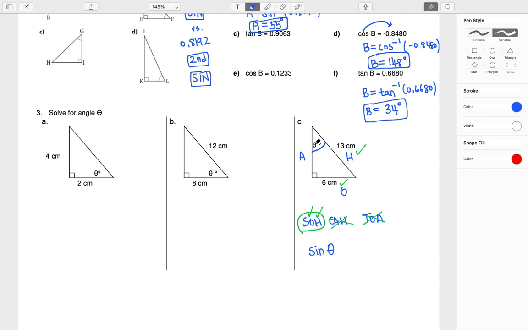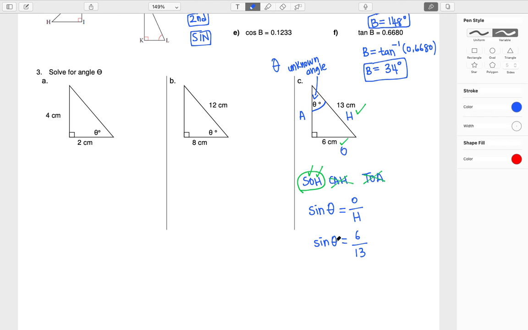This theta means it's an unknown angle. Okay, it's a symbol. And so every time we're looking for an angle, you can use theta, or you could use x, a variable, doesn't matter. So sine theta is equal to opposite over hypotenuse. Now let's plug in the numbers that we know. So sine theta is equal to 6 over 13.